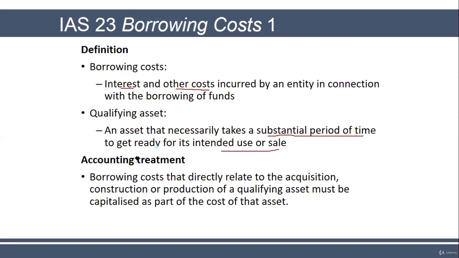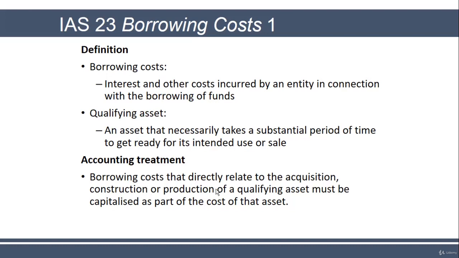So you need to understand the qualifying asset. At your F7 level, they do not expect you to take that decision of qualifying or not, because in F7 questions, usually they will tell you that this is a qualifying asset or not. So it's not a trouble for F7 level.